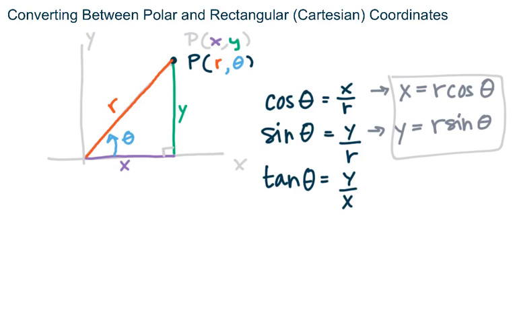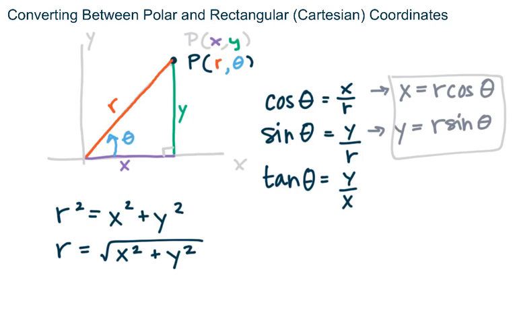The other really helpful formula is the Pythagorean theorem: r squared equals x squared plus y squared, or r equals the square root of x squared plus y squared. We don't have to write the plus or minus because we're assuming we're measuring a positive distance. Make sure you've got these three formulas down, and let's work through an example.